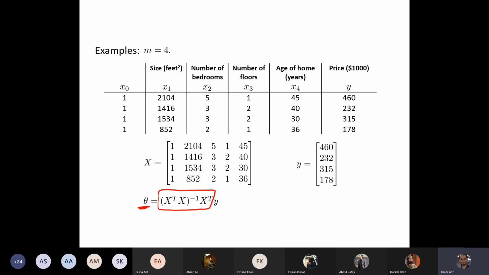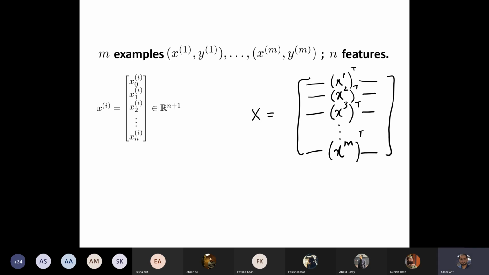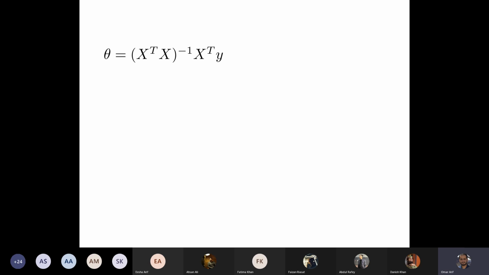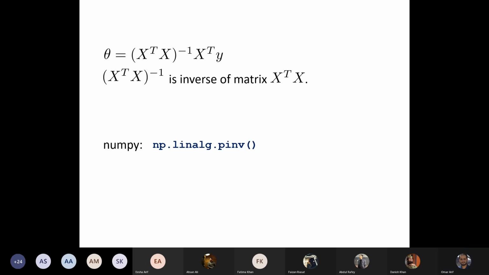Okay, this is the normal equation. In Python, you can compute the inverse using this. np is numpy. The numpy has this package, linalg.pinv, which is going to compute the inverse. So in order to compute theta, in the lab also you have this question.